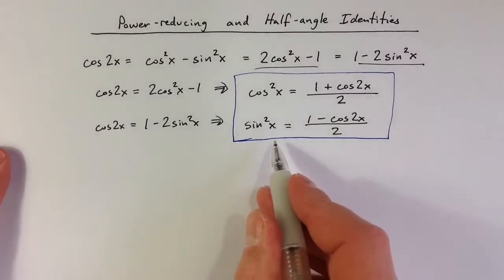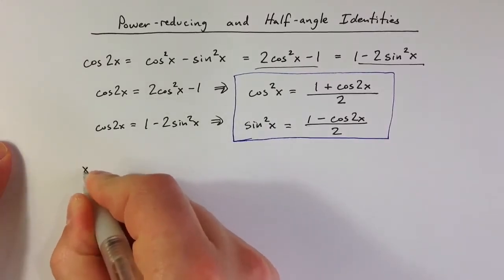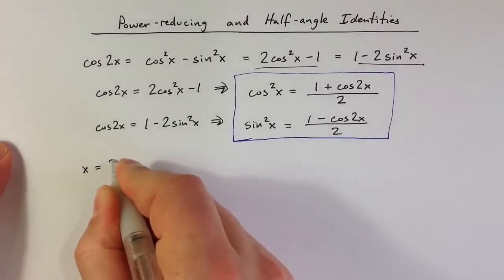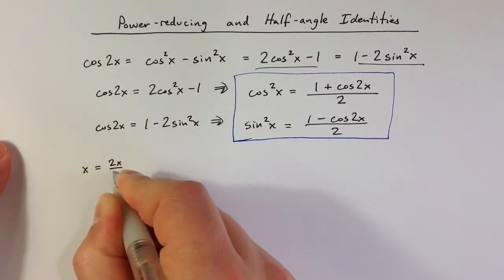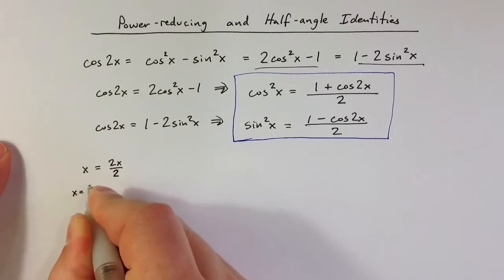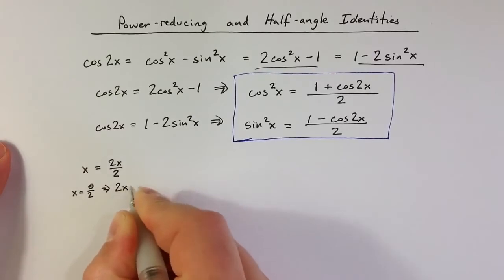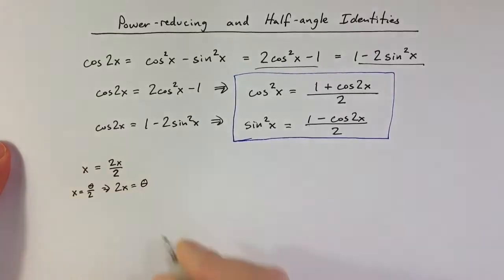We can also use these to think about half-angle identities because x is equal to 2x divided by 2. If I think of x as equaling theta over 2, then 2x equals theta.